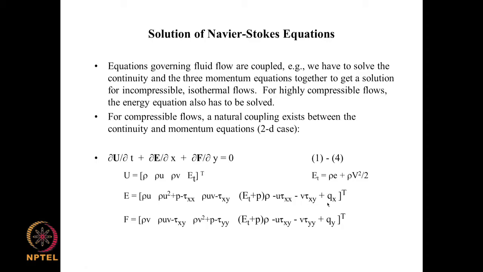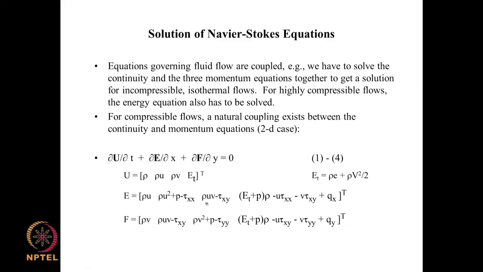Similarly, qx is equal to minus k ∂T/∂x and qy is minus k ∂T/∂y. So these equations, although written in an unfamiliar form, are just a regrouping of the earlier equations that we have seen, in a specific format which enables us to make use of the methods that we have studied before.